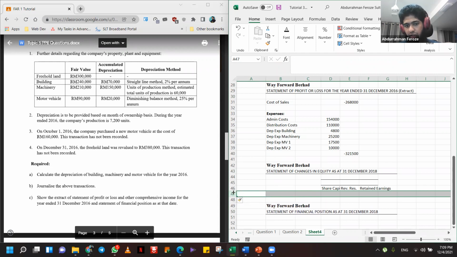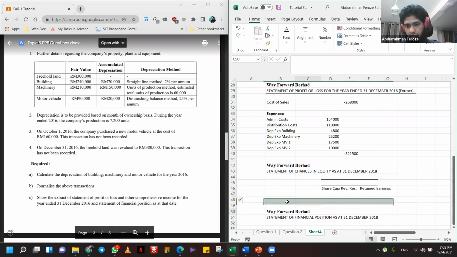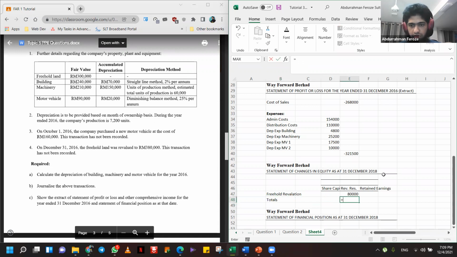So it'll only have one thing: freehold revaluation, and this would come to 80,000, and then the total. That would be the only thing.